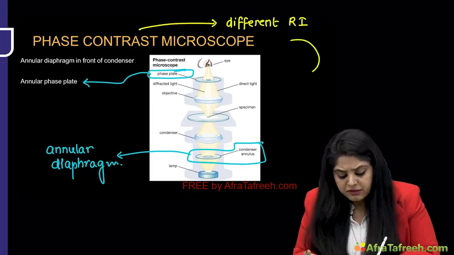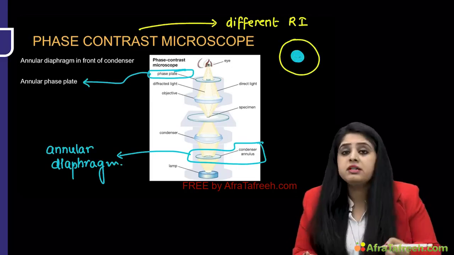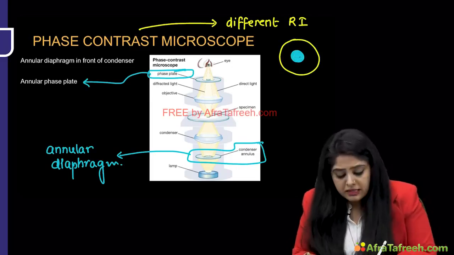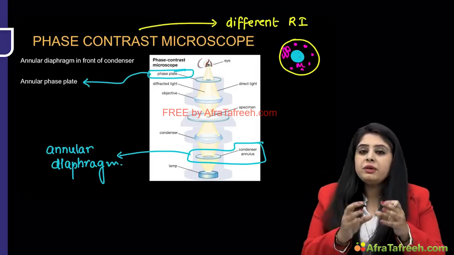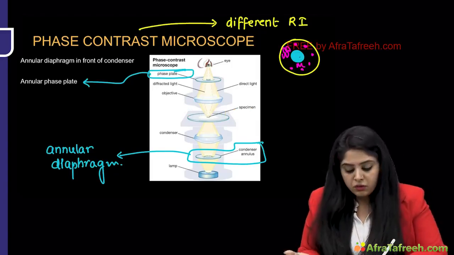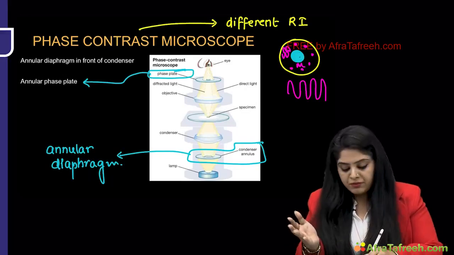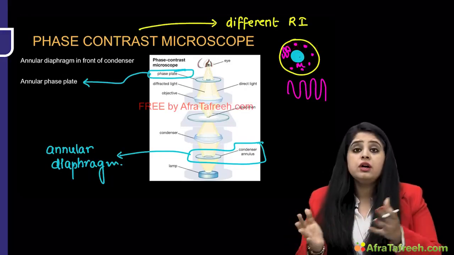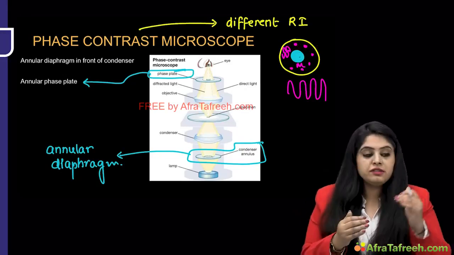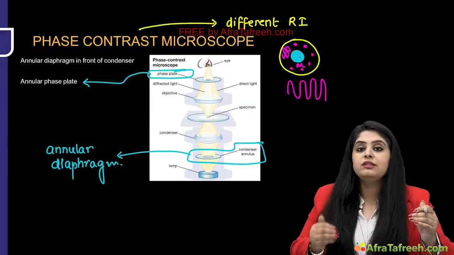For example, if this is a cell, there is a nucleus inside the cell, but apart from that there are so many other things: ribosomes, lysosomes, endoplasmic reticulum, mitochondria, so many little different things. Everything will have a different refractive index, and that is exactly what you have to convert and see, so that I can see this also and this also.